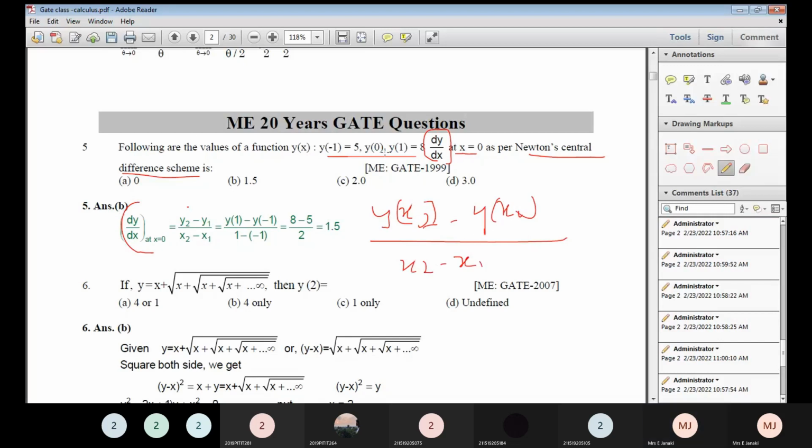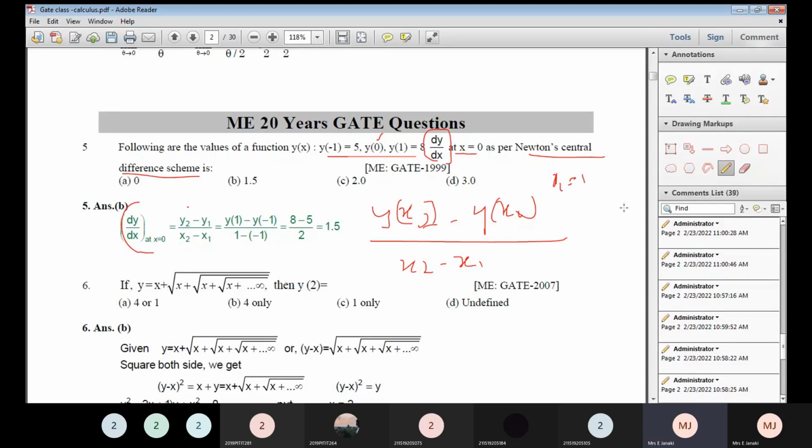Here, y of 1 is equal to 8. So you consider y of 0, this 0 can be taken as x0. y of 1, so x1 is equal to 1.